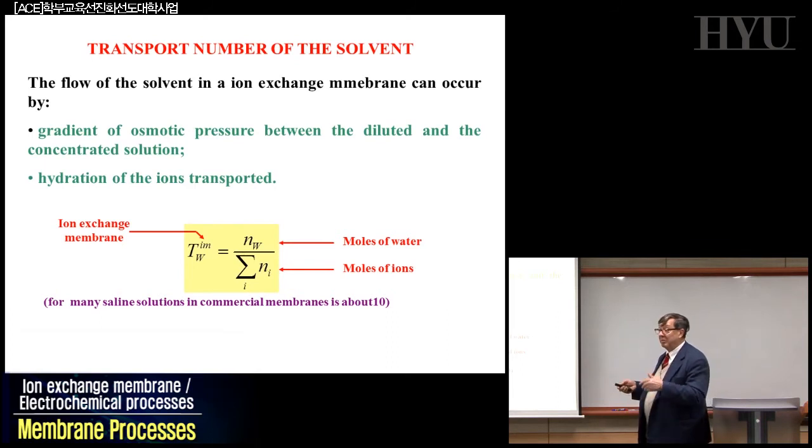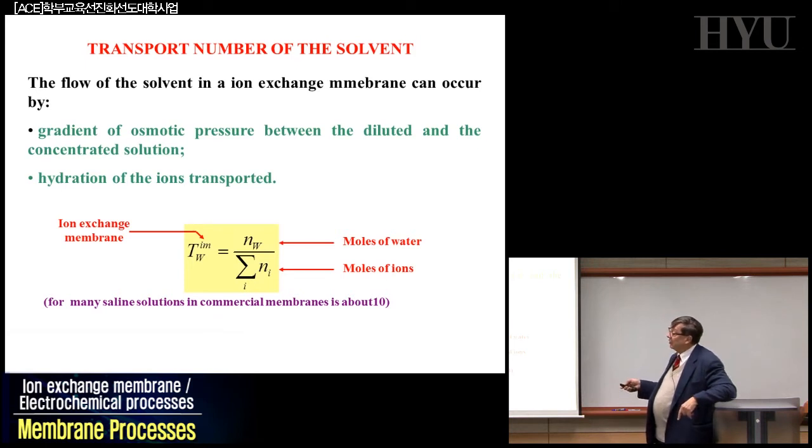This can be 7 or 14 molecules of water, depending on the situation in which you are working, but there's always some water moving together with the ions. That changes the mobility of the ions, because a single ion has a certain size, but if you move an ion with all its water molecules, the solvent, the mobility can be different. So when you make your calculations to define the phenomena taking place, you have to consider also the amount of water moving across, bound to the single ions, positive and negative.